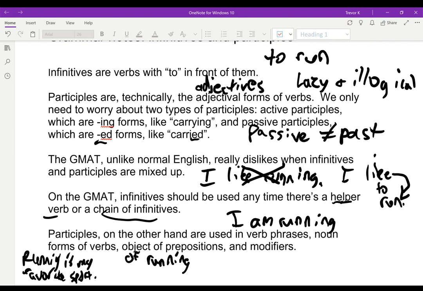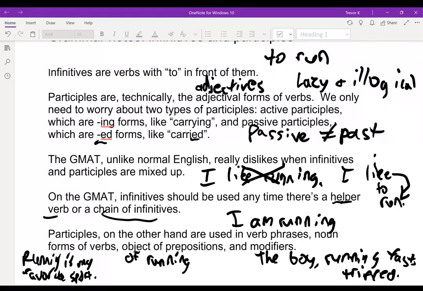And they're also used as modifiers, which is what we talked about before. So like the boy running fast tripped. So participles have a variety of ways that they can be used.